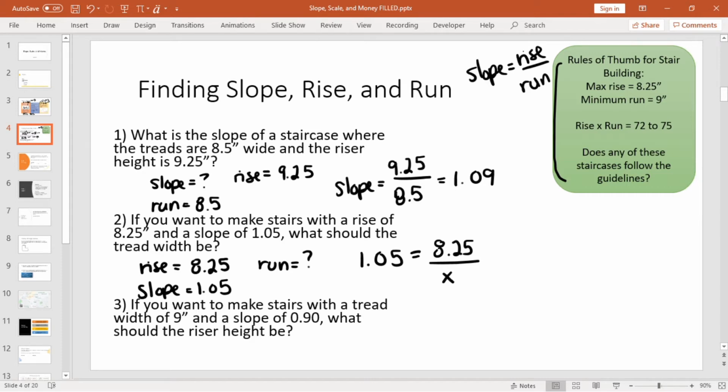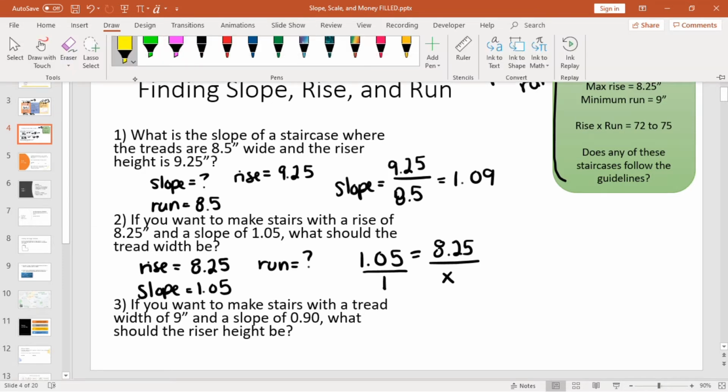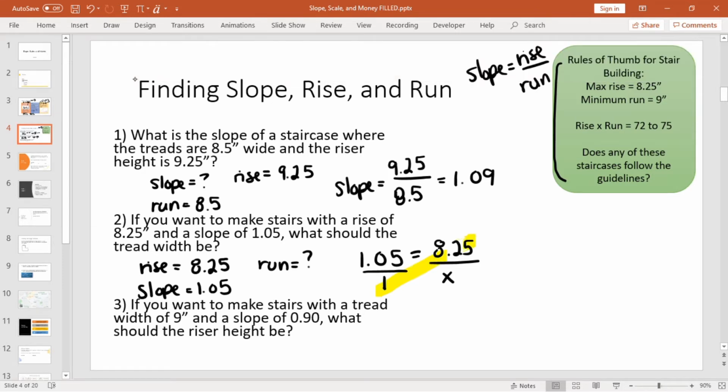So how am I going to solve this? I'm going to treat it like the cross multiplication trick, the magic banana. So I'm going to take my left side, I'm just going to put it as a fraction over 1 because that's not different. So remembering that trick, if you have two numbers that are kitty corner to each other, those are your multipliers, and you divide by the leftover.